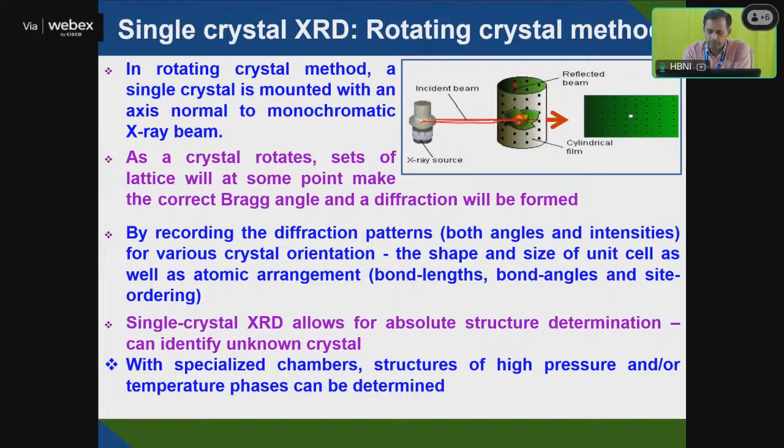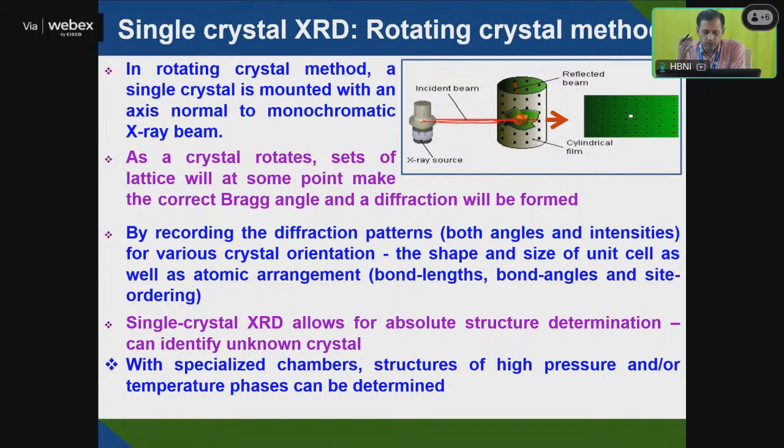So the sample is mounted here perpendicularly, and as the crystal rotates, the important thing is that your sample is also rotating. As the crystal rotates, the stage is also rotating, your sample is also rotating, and both source and detector are moving. So when the stage is rotating, what happens?